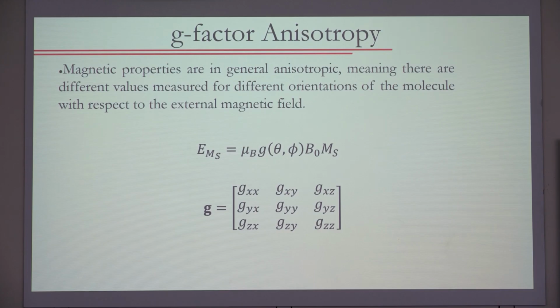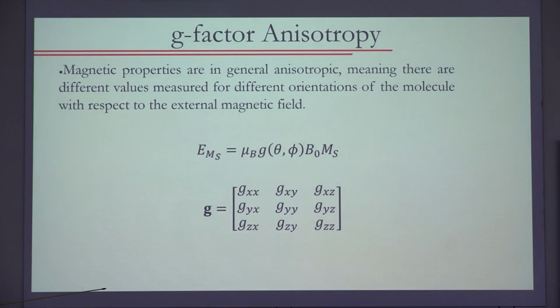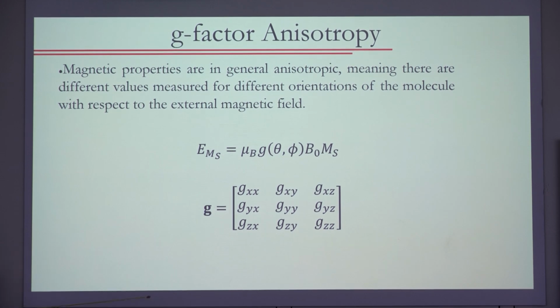Okay, this is an important topic if you do any transition metal EPR: G-factor anisotropy. Most interactions are anisotropic, which means they have different values in different directions. The isotropic interactions are an exception, or the result of fast motions in all directions of the molecule that average those anisotropic interactions.